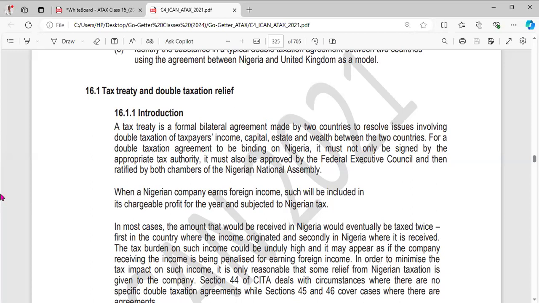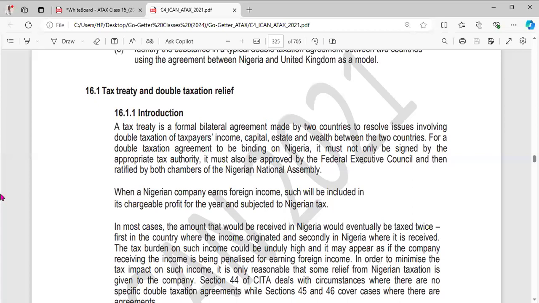It's an agreement that is binding the two parties. So that means Nigeria has to enter into a bilateral agreement with another country to resolve taxpayers' taxation.